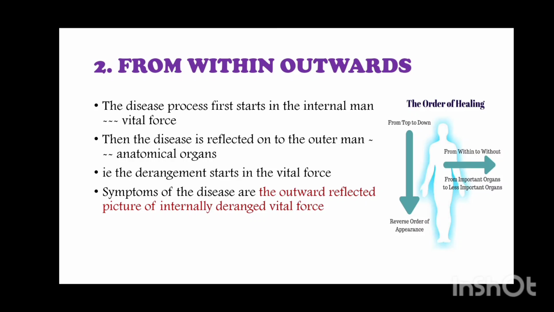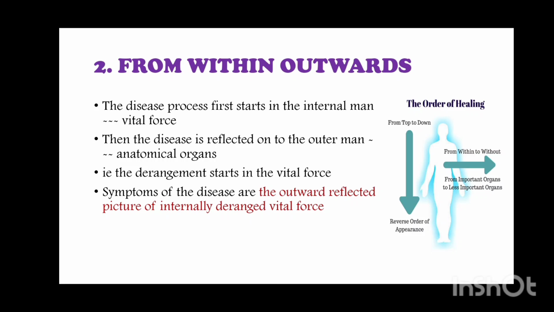We, especially the BNYS graduates, can very well connect with these things, because in yoga also we study that the prana gets affected first, and then it is reflected outside of the body. The derangement starts in the vital force only. Symptoms of the disease are the outward reflected picture of internally deranged vital force.